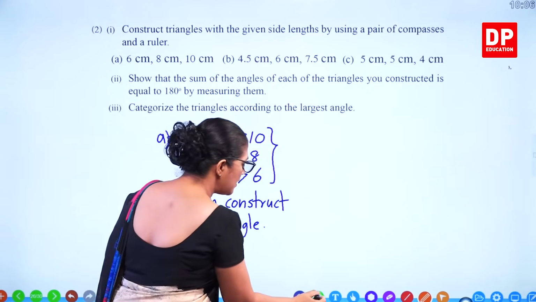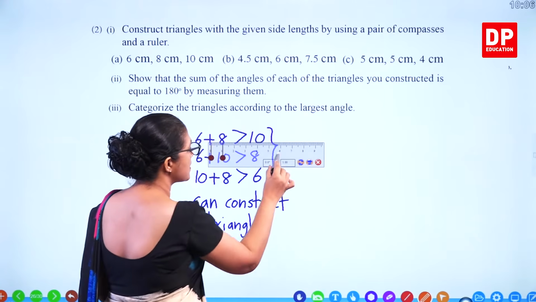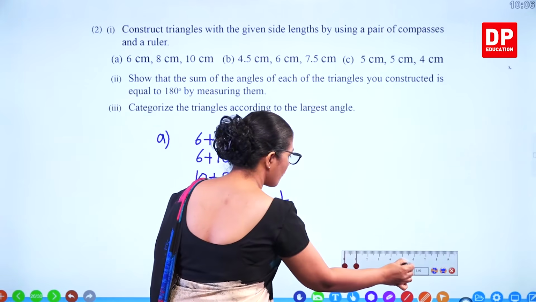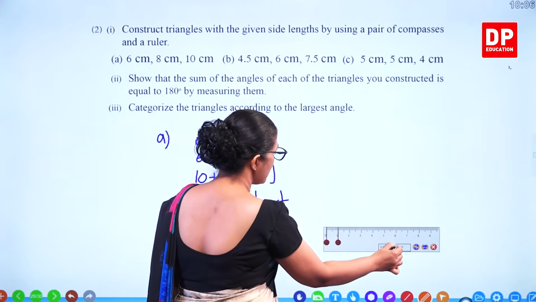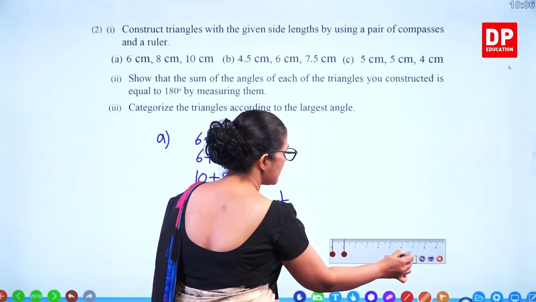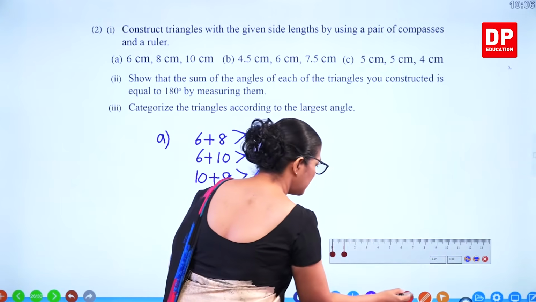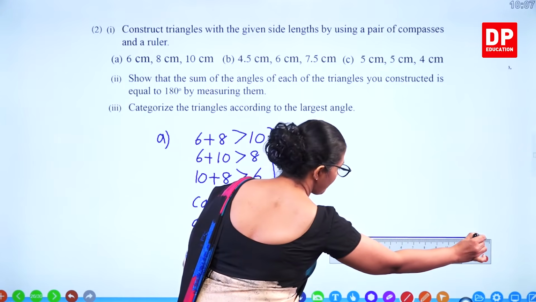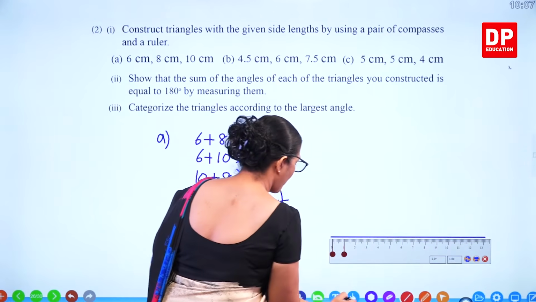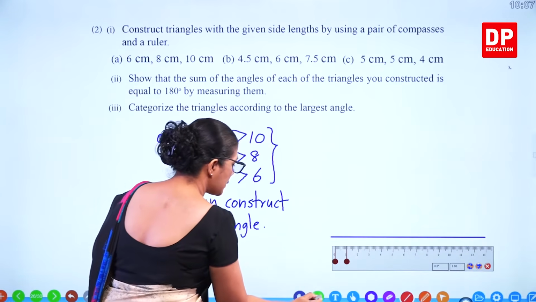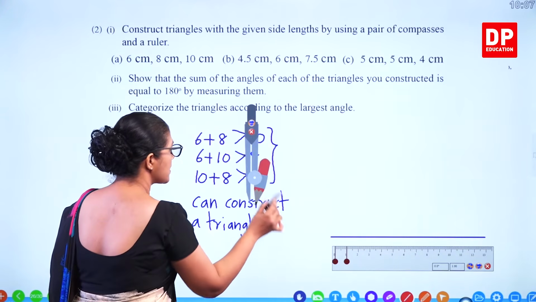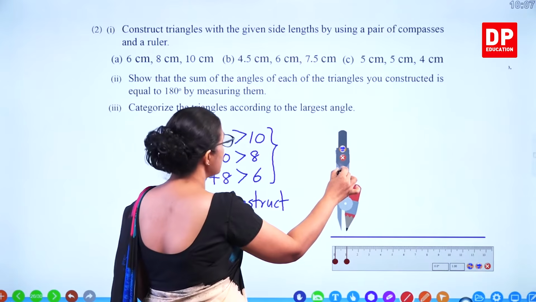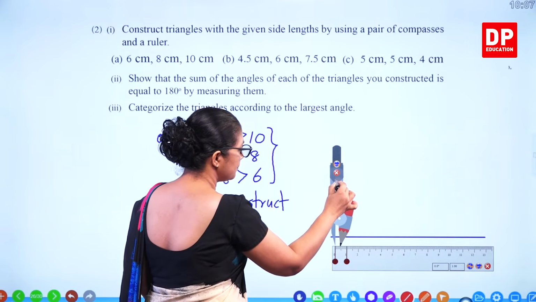So we'll take the longest side first. So you can take the ruler and take any line segment and take the compass and measure 10 centimeters first.